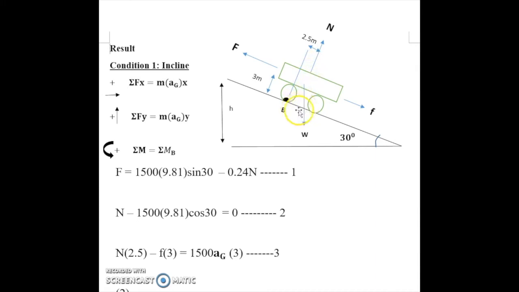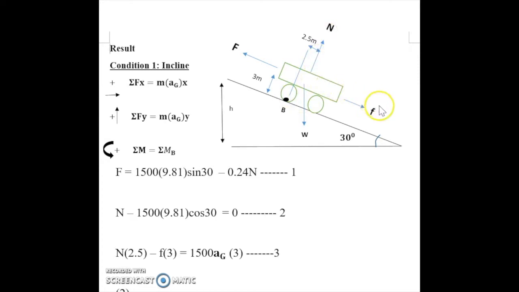W is the weight of the car, acting perpendicularly down to the ground, and there is a normal force. The normal force is the same as the weight component, but we need to adjust it to act on the same axis, which is the y-axis in this case.